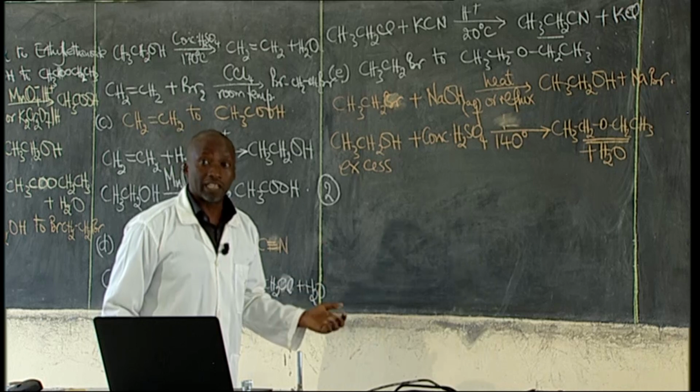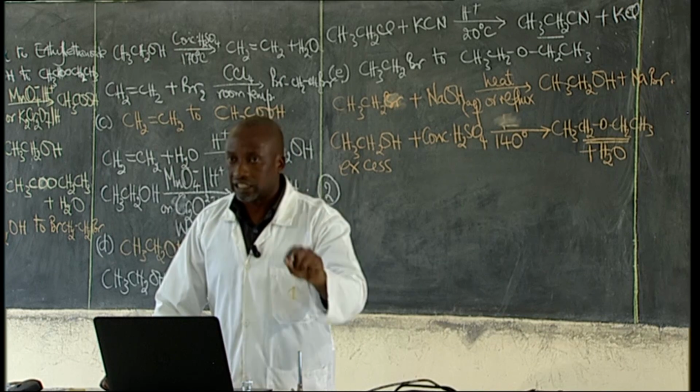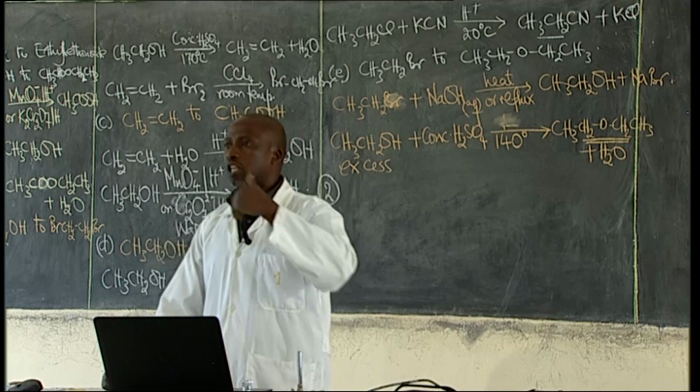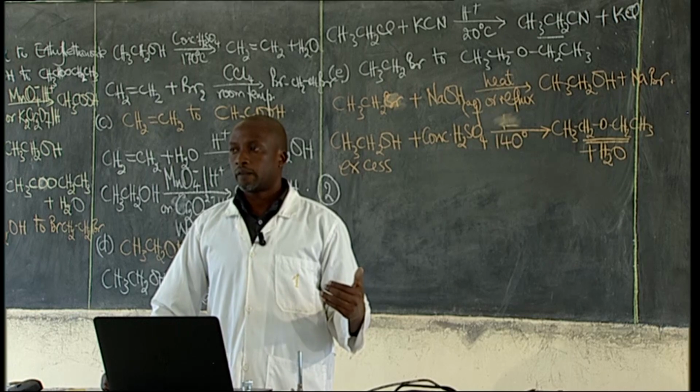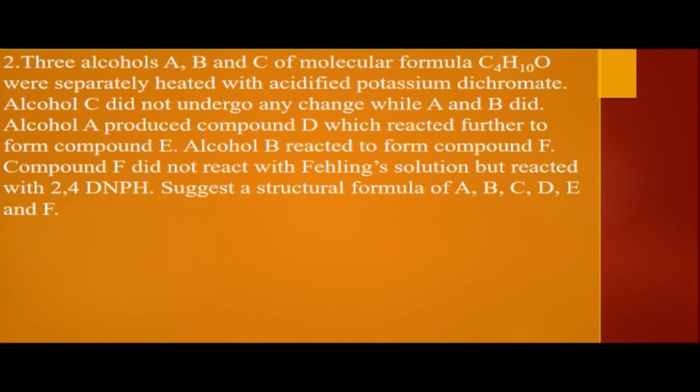What does that mean? That alcohol C is a tertiary alcohol. It does not go under further, because that is an oxidation reaction. So it does not undergo further oxidation. That is, no further changes means there is no further oxidation. So C must be a tertiary alcohol.